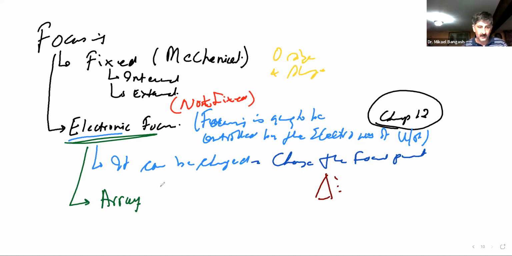So if you say array focusing, that will mainly mean that there are going to be multiple focal points. Did that make sense?